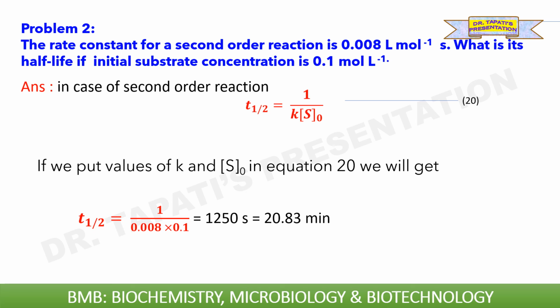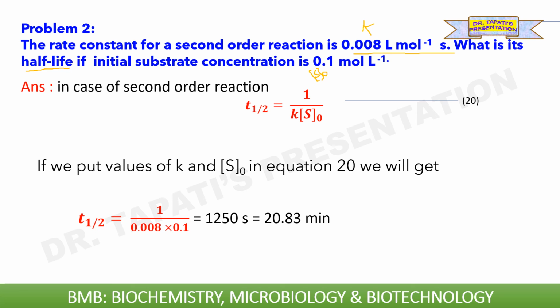The rate constant for a second order reaction is 0.008 liter per mole second. In this case, rate constant K is equal to 0.008 liter per mole second. What is its half-life, T half? We have to calculate T half, if initial substrate concentration is 0.1 mole per liter, that means this is the value for S0, the substrate concentration at T equal to 0.